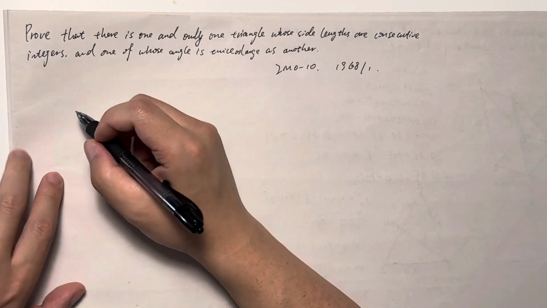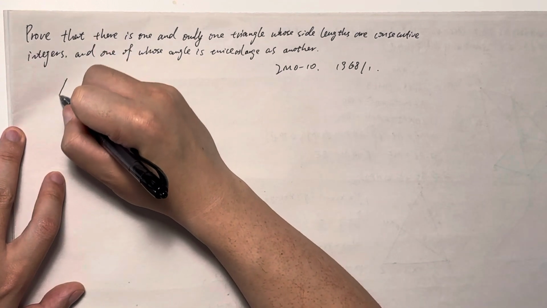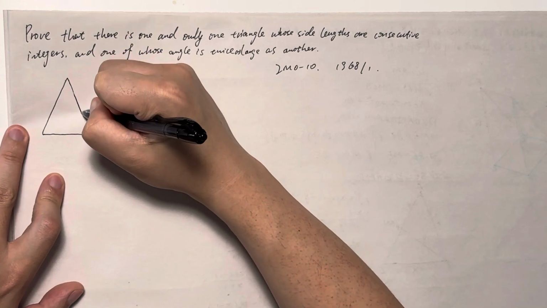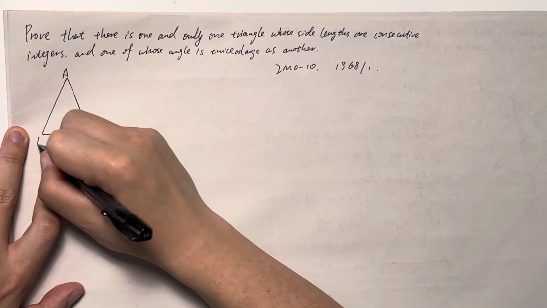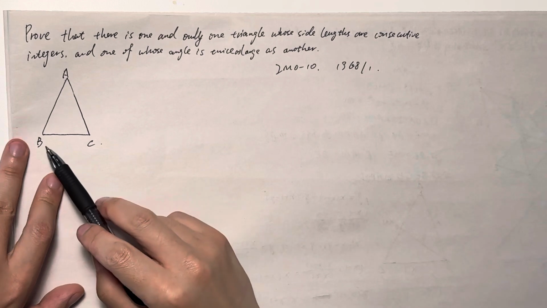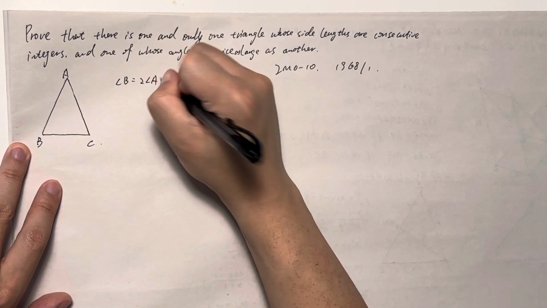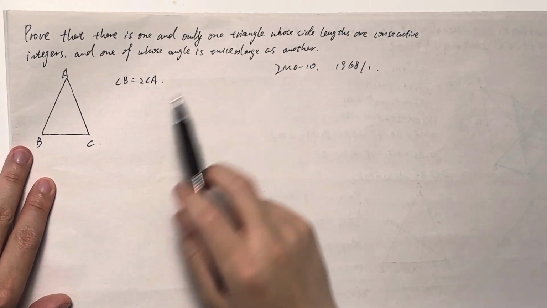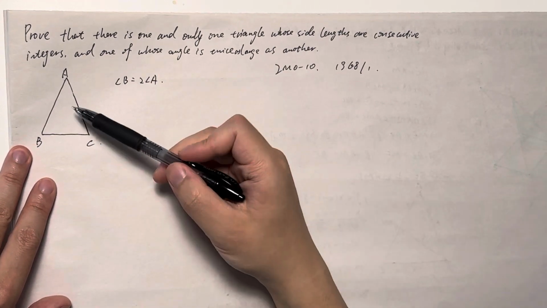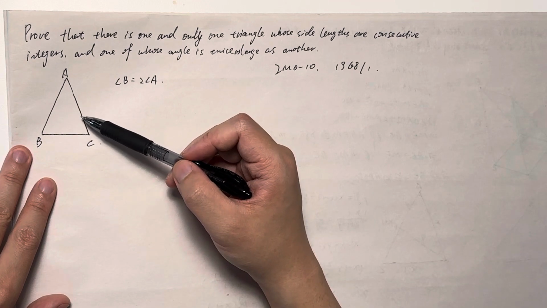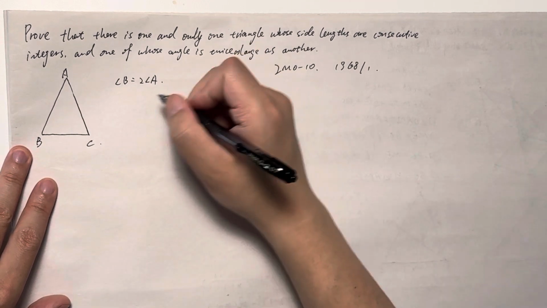So we just draw the figure first. We can set angle B equals to twice of angle A, right? And we know that all the side lengths are consecutive integers. So there are two cases.